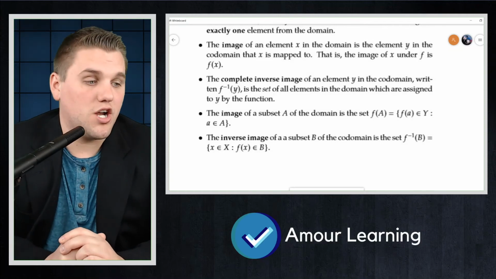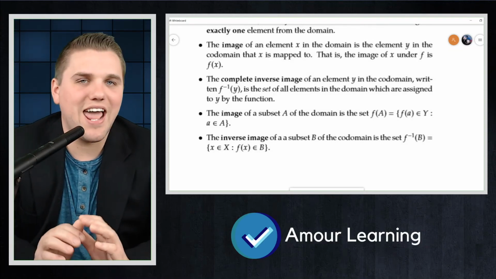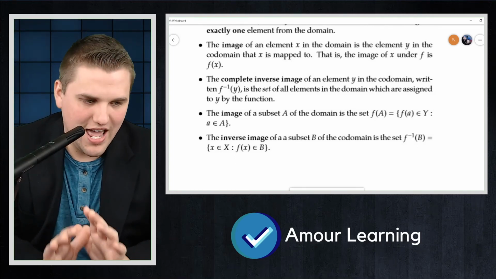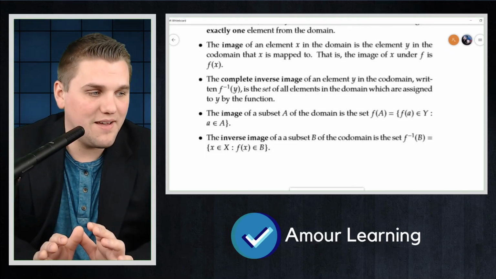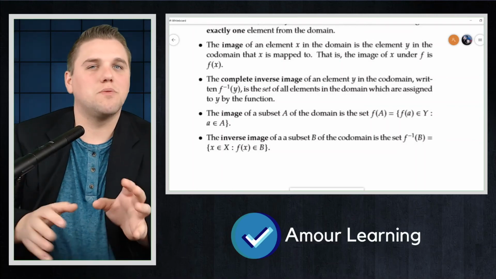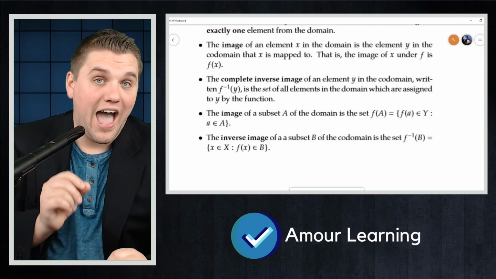The inverse image of a subset B of the codomain is the set f⁻¹(B) equals {x in X such that f(x) is in B}. So again, the inverse might not exist in terms of what you learned in pre-calculus or calculus.